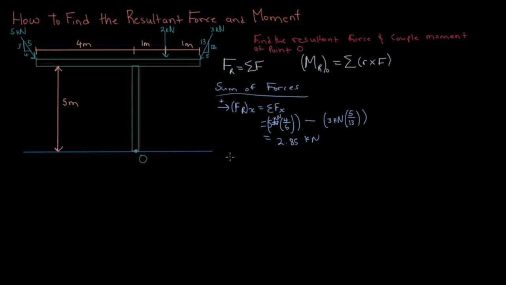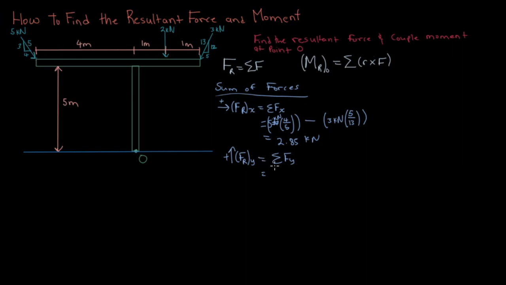Then we're going to do the sum of forces in the y direction. We're going to get the resultant force in the y direction, which equals the sum of forces in the y direction. As always, we're going to define which way is positive. I'm going to say the positive y-axis is positive for convenience. Then I'm going to sum up our forces here. As you can see, all three of these forces point downwards, so they're all going to be negative.